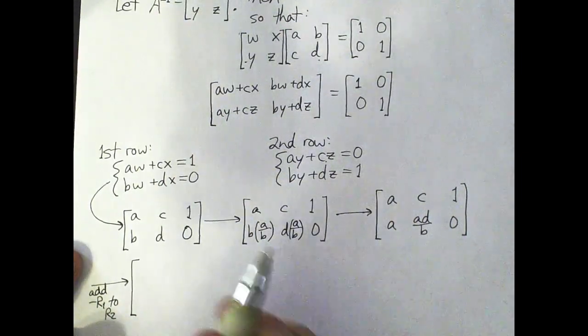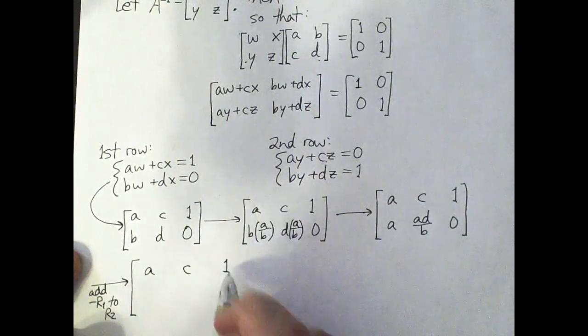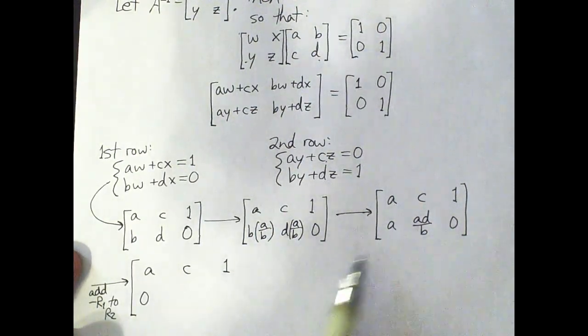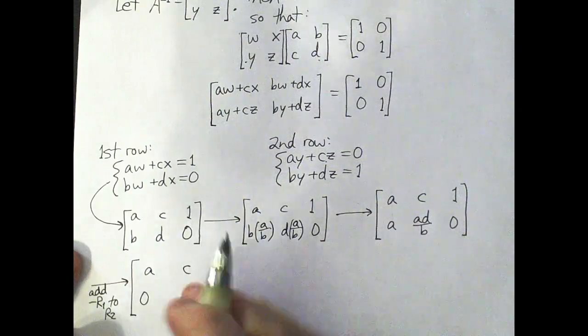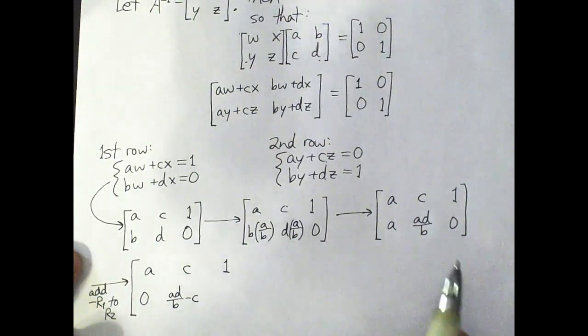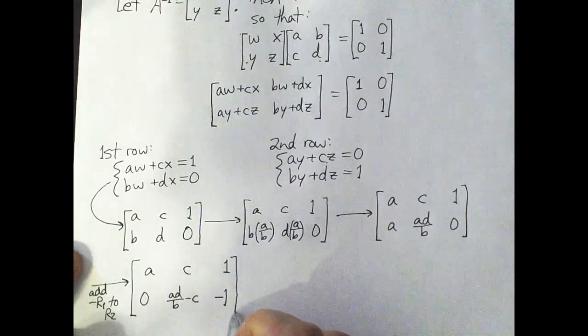So row 1 stays the same: A, C, 1. What happens to row 2? This entry becomes a 0. That's the main reason why we did that. What happens to this other entry? AD over B becomes AD over B minus C. And the 0 becomes -1 because we added -1 to it.